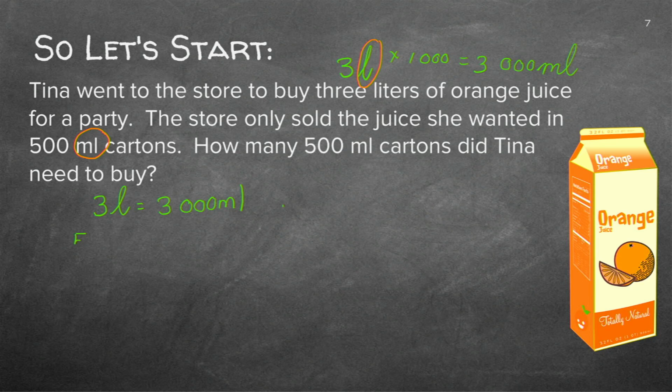Second, the next thing you needed to know, you had to know that 500 plus 500 equals 1,000. So I can't buy 1 liter. So if I need 3 liters, I have to times it with 2. And then I'm going to need 6 500 milliliter cartons.